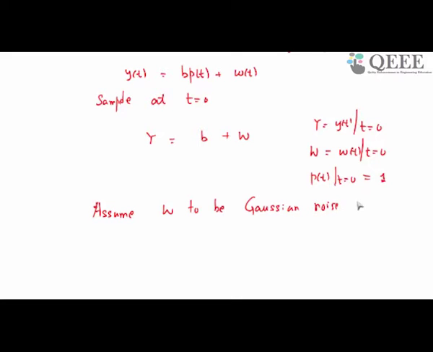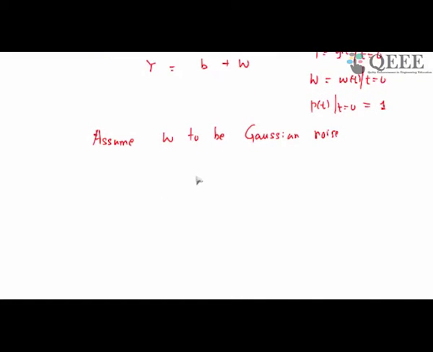So essentially it means that the PDF, and of course we also assume that it has 0 mean, will look like this.